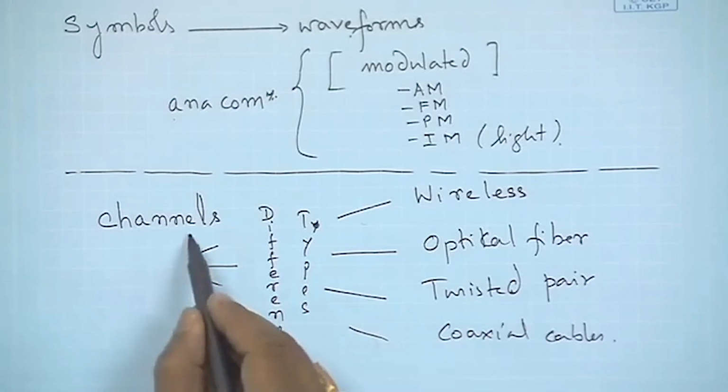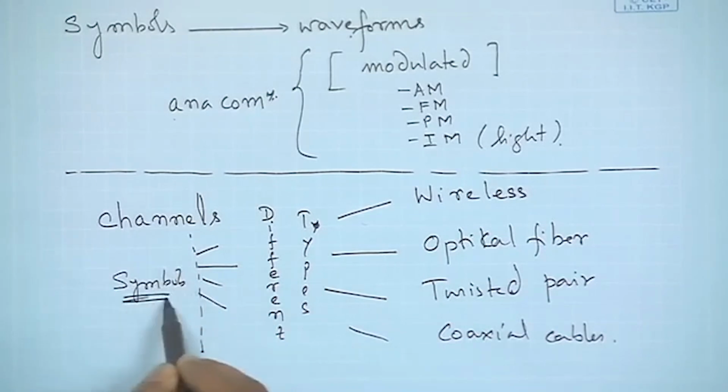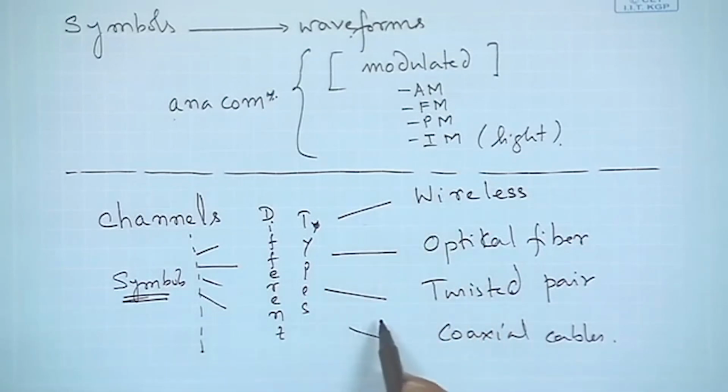So our study would be limited to this region where we generate the same symbols, and this is almost independent of this part. When it gets converted to a particular type of channel, that means this is matched to a channel, that is waveform matching.